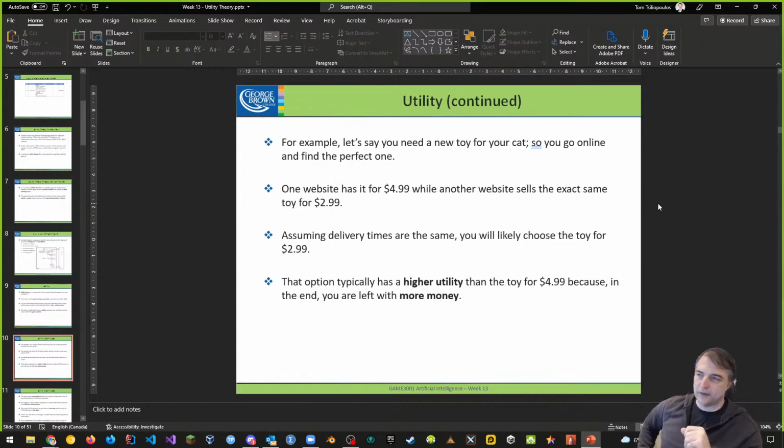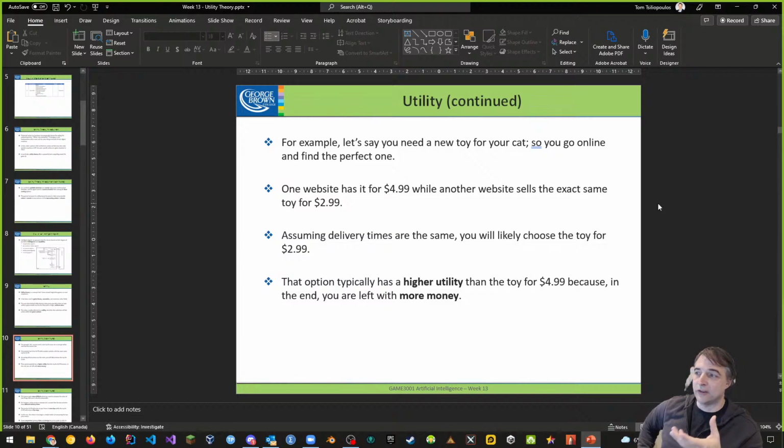Here's an example to get you warmed up. You go online and you need a new toy for your cat, and you want to find the perfect one. One website has the toy that you want to buy for $4.99, while another one sells the exact same toy for $2.99.